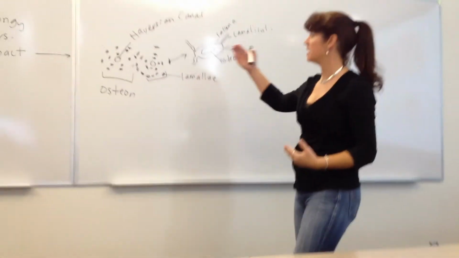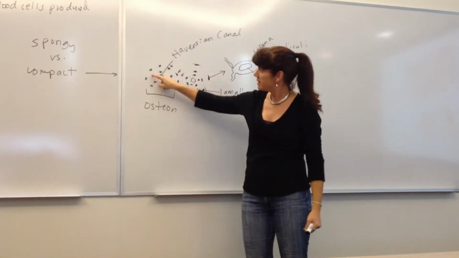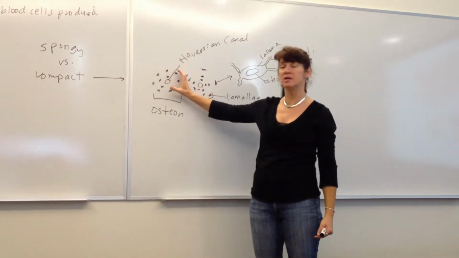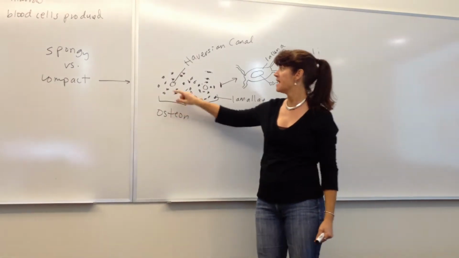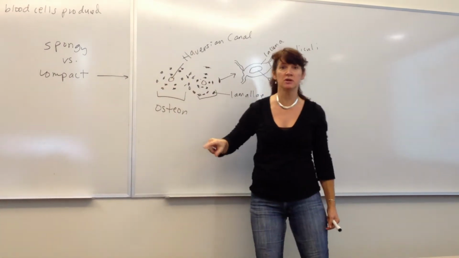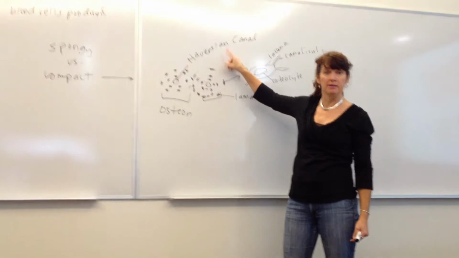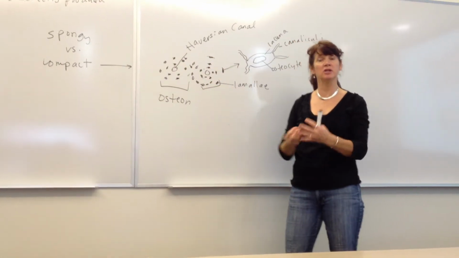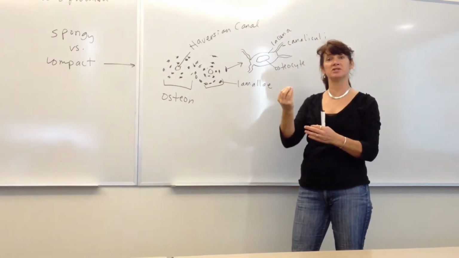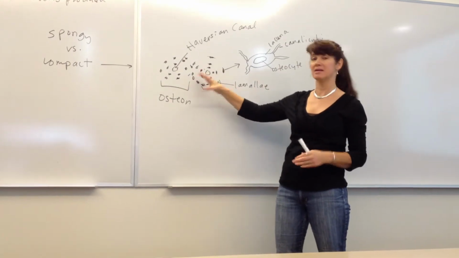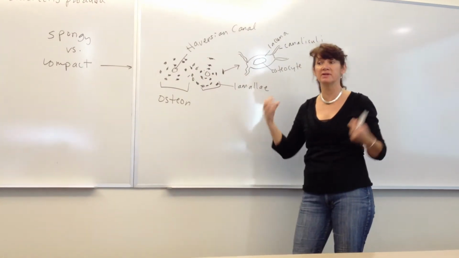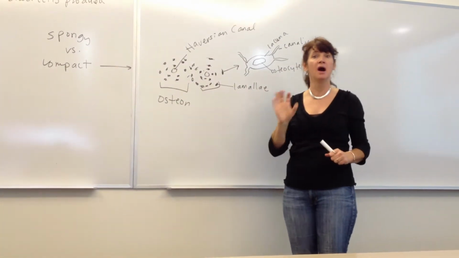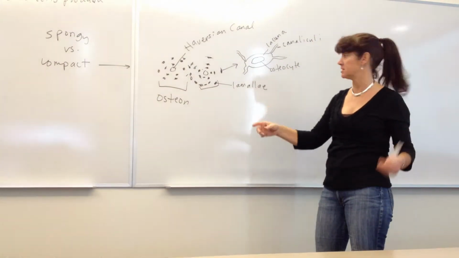If we take a look at what it would look like if we were looking in a microscope, each one of those little circular bone units is called an osteon. And they have a hollow center called the Haversian canal. In the Haversian canal, then, you have blood vessels and a nerve which comes up, which means that the bone can repair itself because it has a very good blood supply, unlike cartilage, for instance.